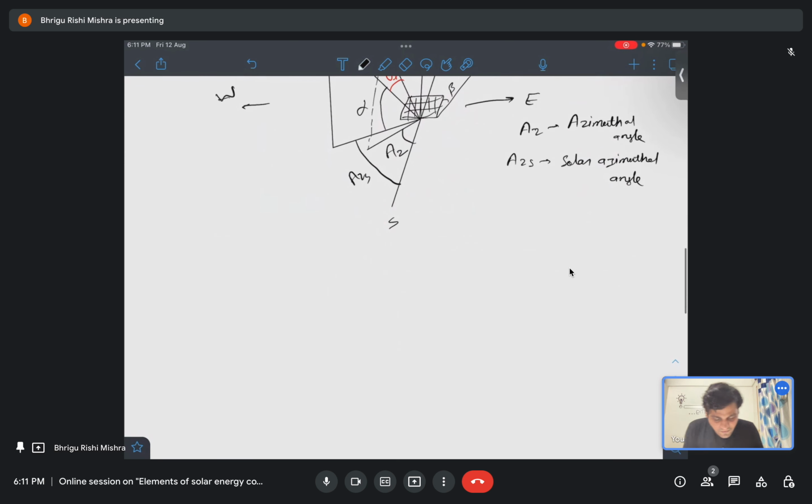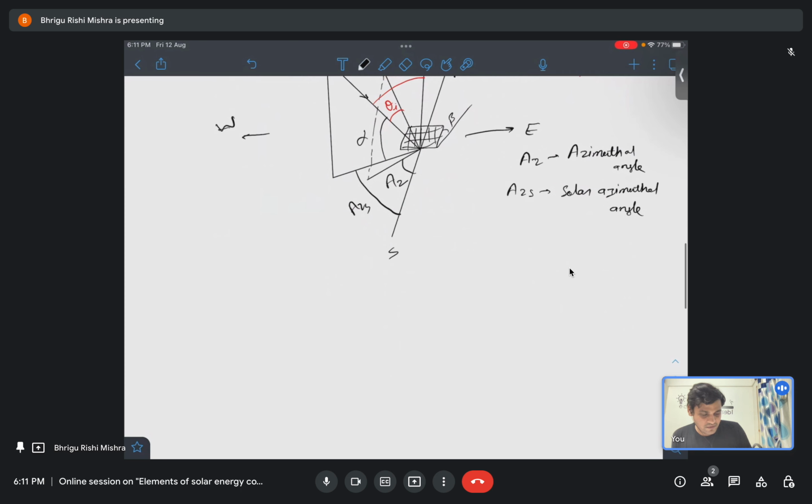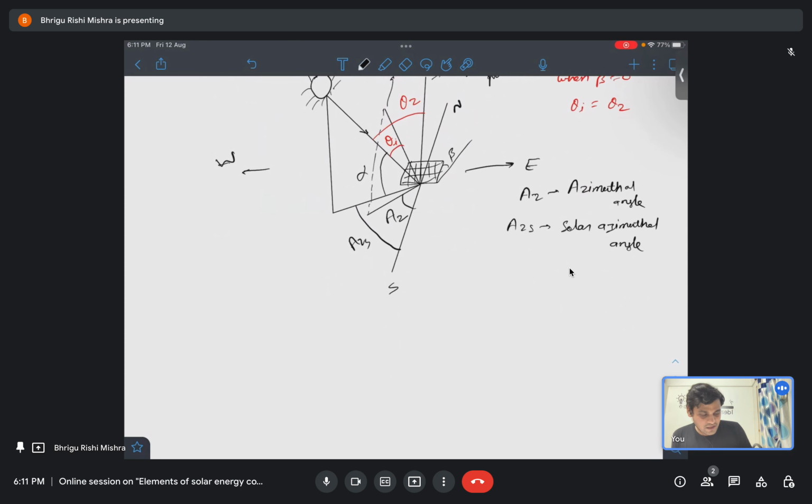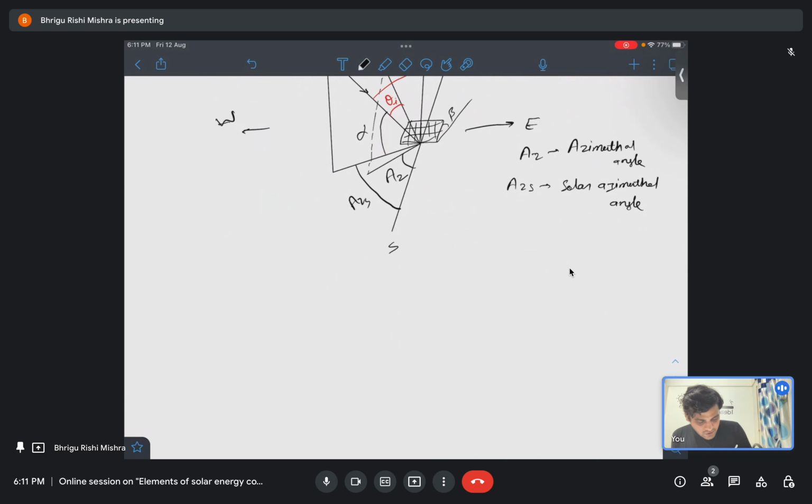Other than these, we have also looked at the latitude angle L, declination angle delta, and there are two more angles which were discussed in the class, that is the hour angle and the sunrise sunset angle, omega or omega s.